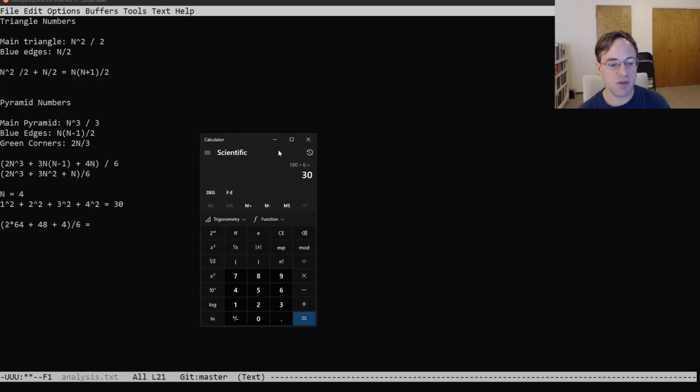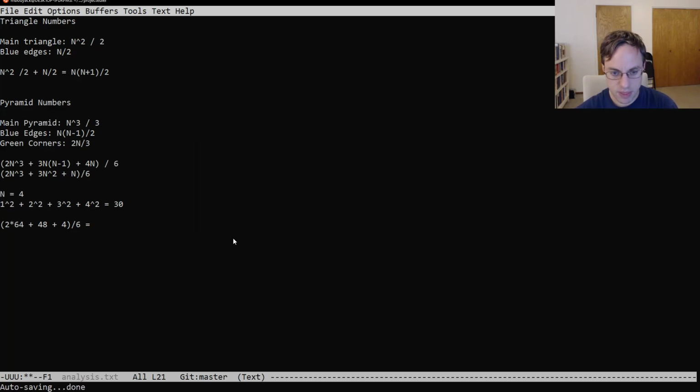So now that we have our equations for both the triangle numbers and the pyramid numbers, we should be able to calculate the solution to our problem. As you recall, the larger of the two numbers is going to be the square of the sum. So the sum is going to be n times n plus 1, again, we're doing n equals 100, so it's going to be n times n plus 1 over 2.